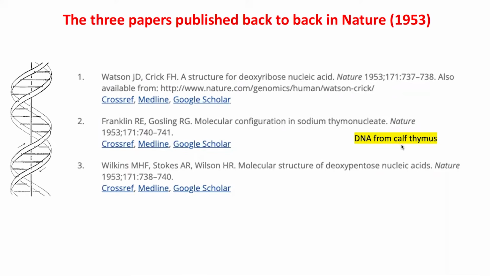And it turns out the only reason Rosalind Franklin called it sodium thymonucleate, it was of course a sodium salt of DNA, but its origin was from calf thymus. And today we know it doesn't matter if it's from calf thymus or it's human DNA or it is cockroach DNA.